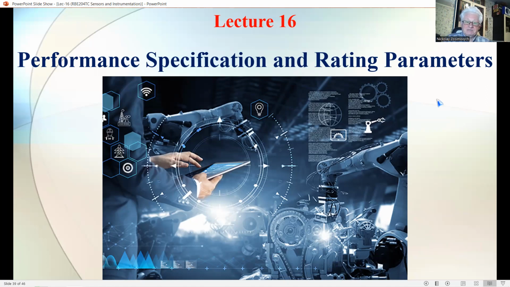Then, these specifications have to be correlated and established in terms of the rating parameters or performance parameters of the individual components. Some performance parameters are found in the product data sheet, which can be obtained from the manufacturer or vendor. For new developments of products, the required performance specifications have to be developed by the product development team in consultation with the users, regulatory agency, vendors, and so on.